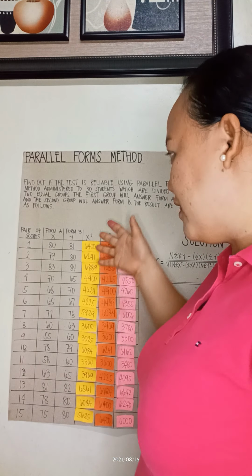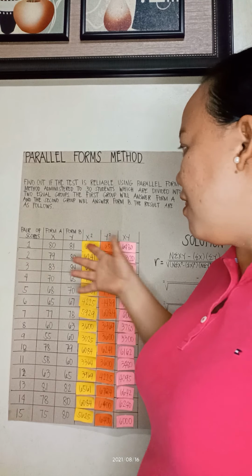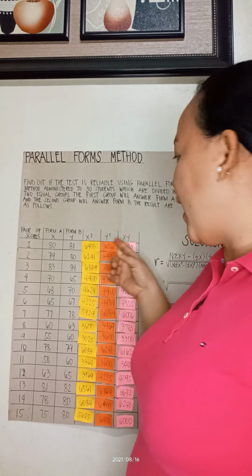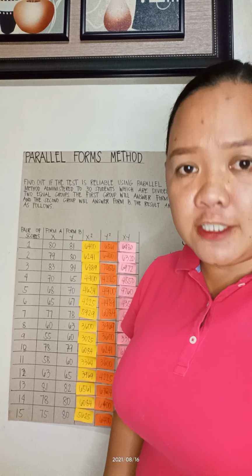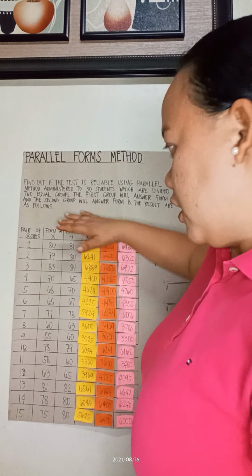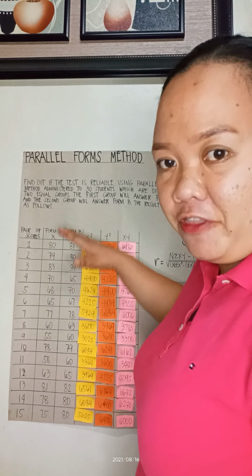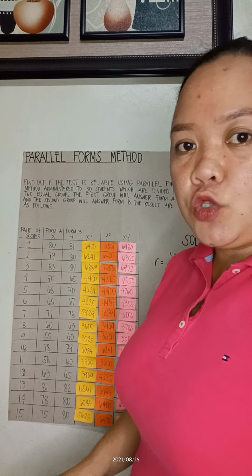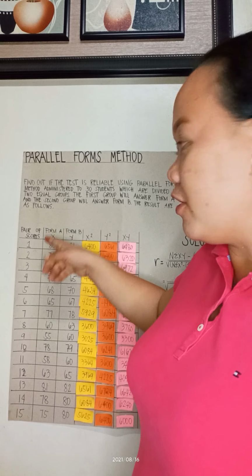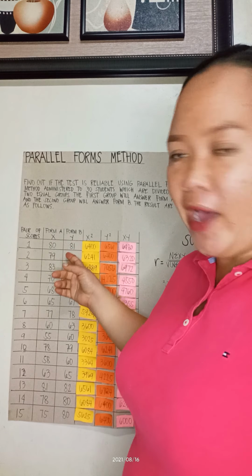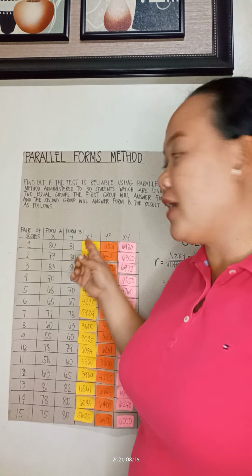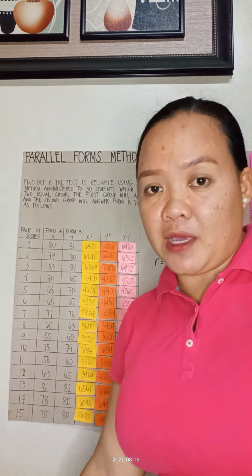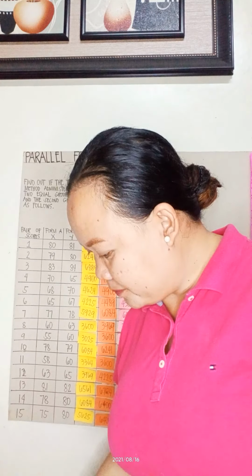So, we already finished all the x squared, y squared, and the xy. All we need to do now is to get the summation of these numbers. First, you have to get the summation of x, the summation of y, the summation of x squared, the summation of y squared, and the summation of x and y.